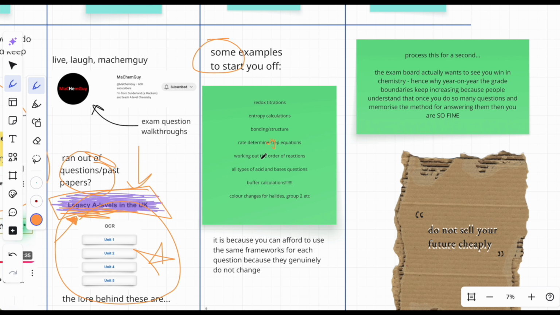So just be like, oh my god, when I get a redox titration, I'm going to start off with calculating moles. When I am doing bonding and structure, I'm going to state whether it's giant ionic. I'm going to state whether it's metallic. I'm going to state whether there are metallic bonds. Do you get what I mean? It's just easy stuff. You just write that all the time.